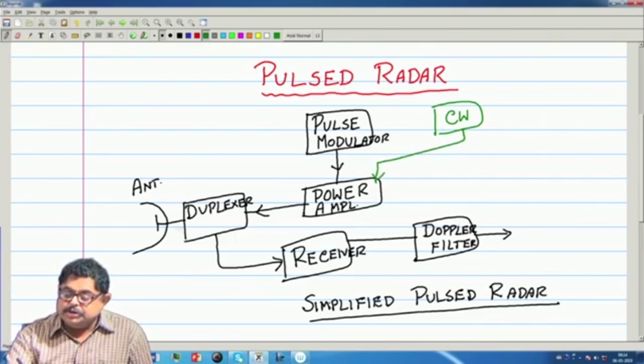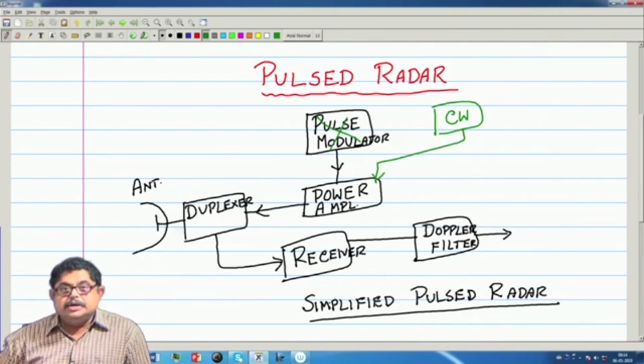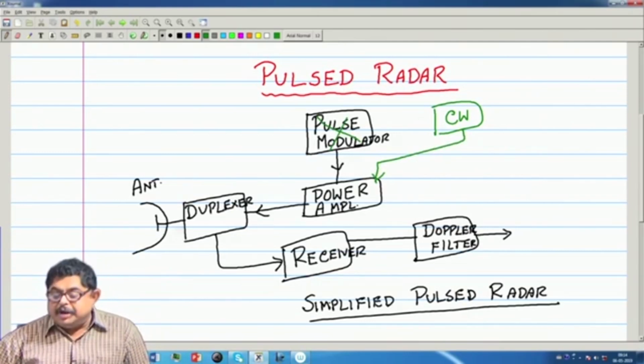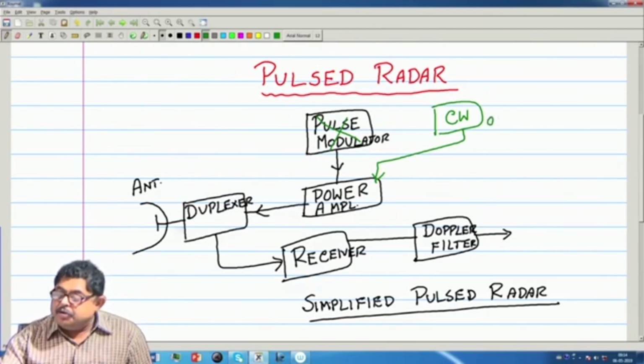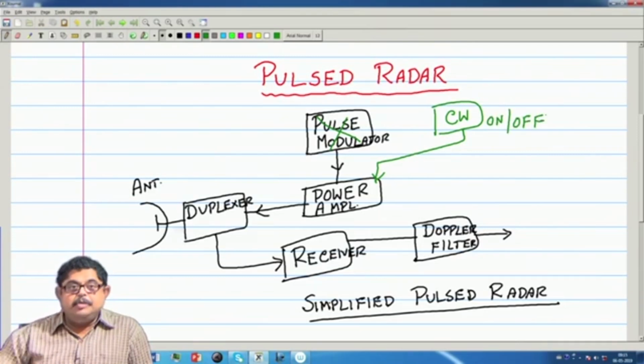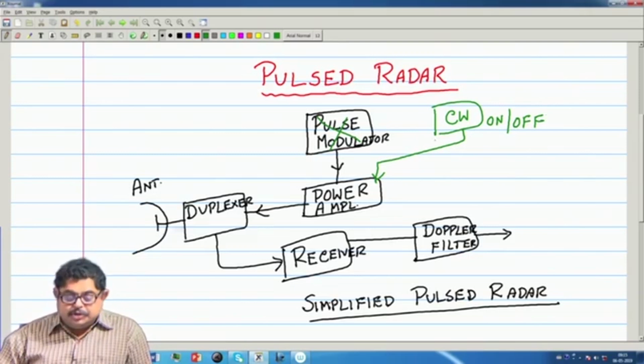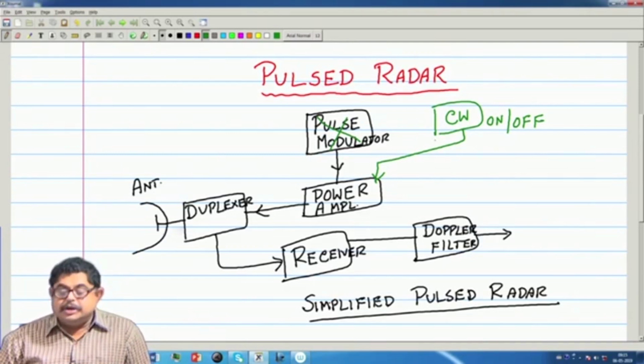So, can it work as a pulse radar? A CW radar, then on and off. For the pulse on time I will make it on, then there will be a switch that will make it off, then the receiver will listen, etc.